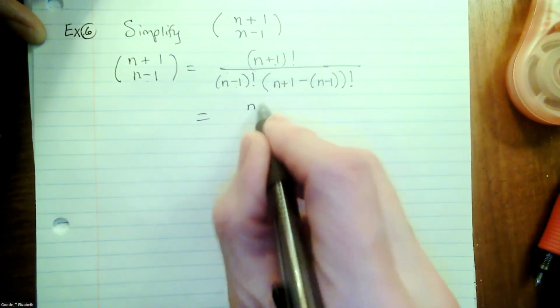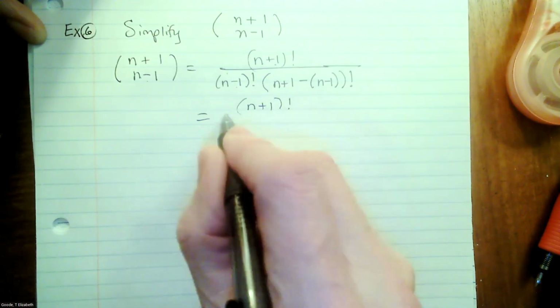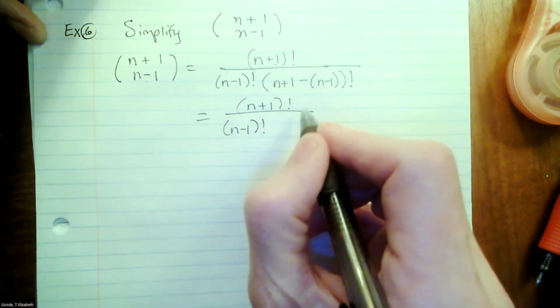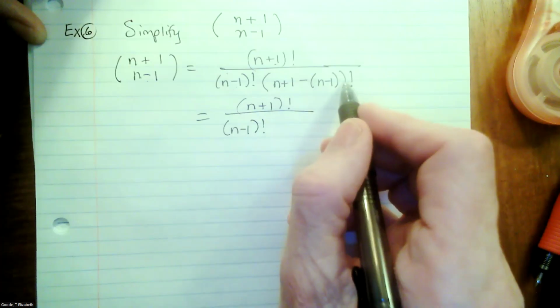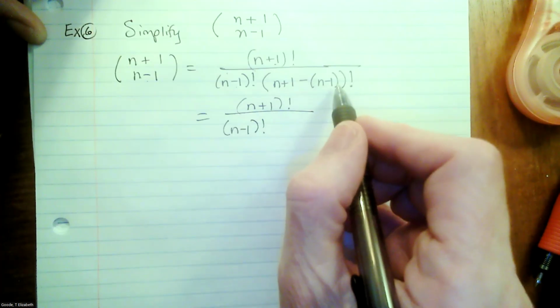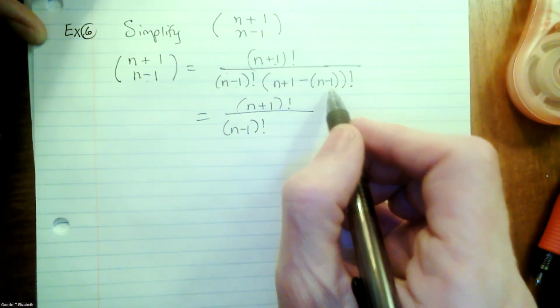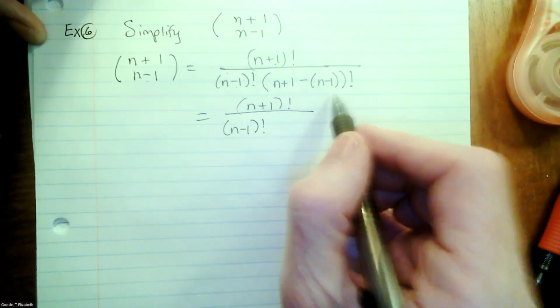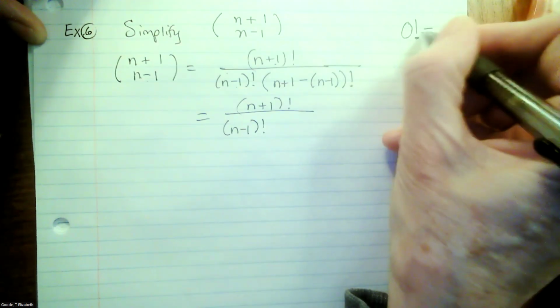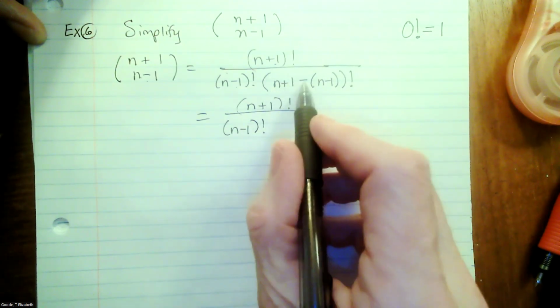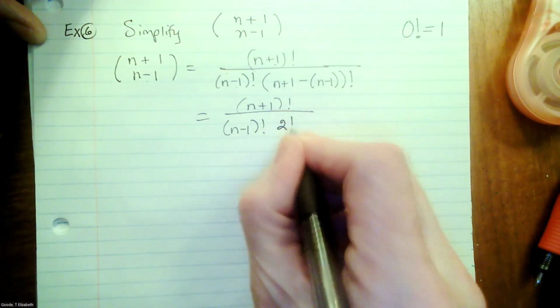So we're just really careful when we distribute this minus down here. The n's will always cancel, and if you get anything negative, you've done something wrong because we don't have factorial defined for negative integers. It is defined for 0, folks. 0 factorial is 1 by definition. But anyway, the n minus n goes away, but 1 minus a negative 1 is 2.